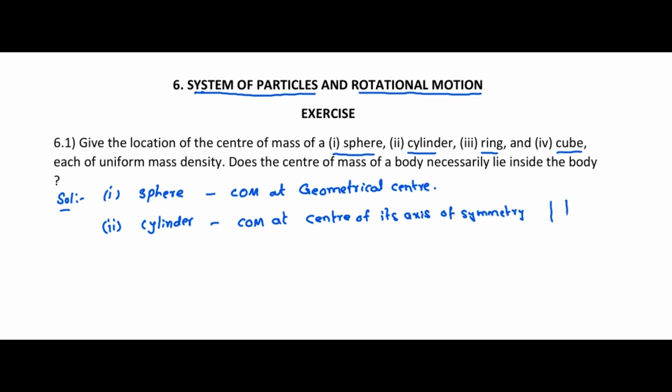That means if it is the cylinder, then that one will be at this point. For the sphere, this one will be at the center.